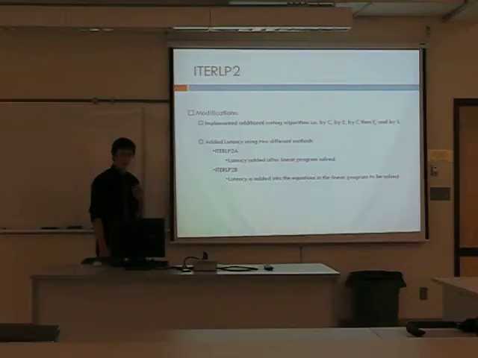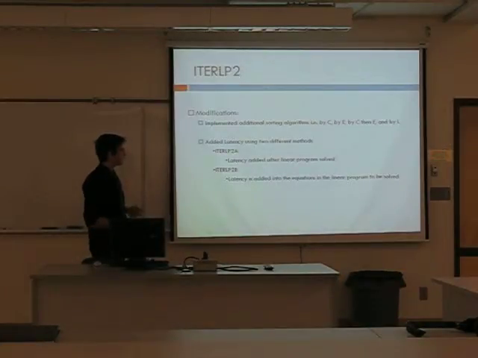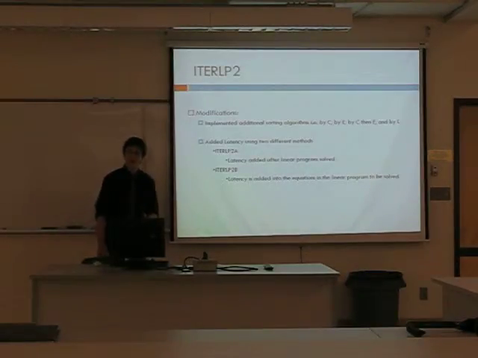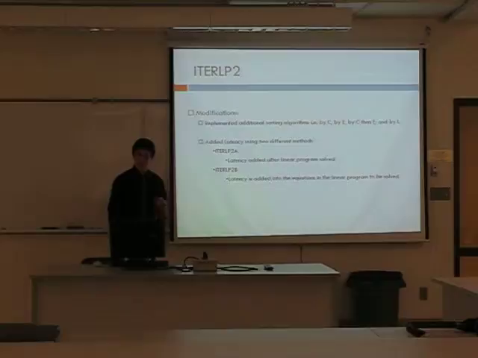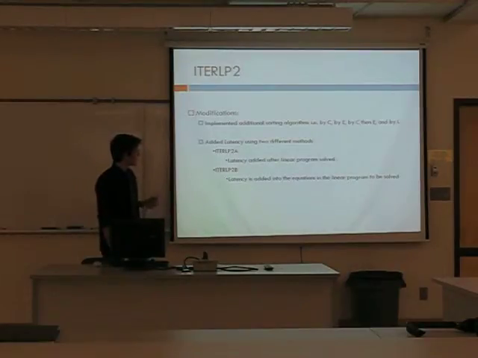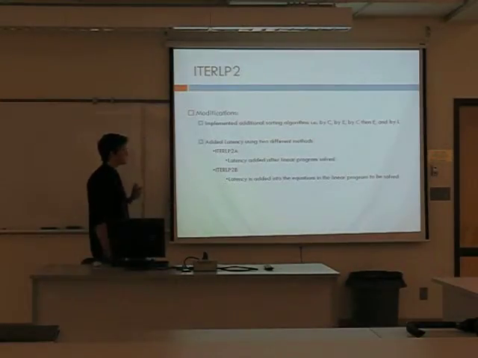So basically, I wanted to modify the I2LP algorithm and make a new one, and I've done 2 modifications to it. One is to try different sorting algorithms. Rather than just sorting by C, I try sorting by E, our computation, by both C then E, and also by L. My other modification is the addition of the latency parameter, and I do it with 2 different methods.